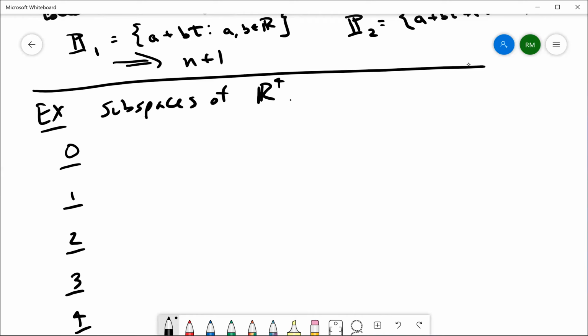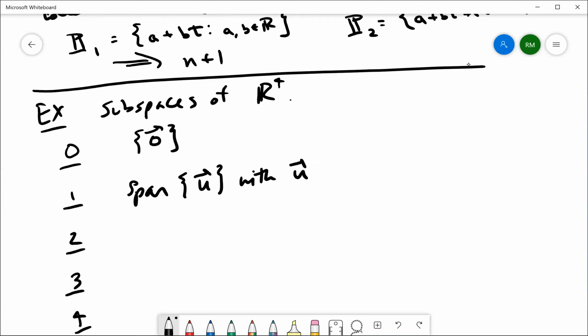All right, now that you've had a chance to do that, the first one's pretty easy. It's just the 0 vector. What about the next one? Well, it's the span of a single vector that's not 0.